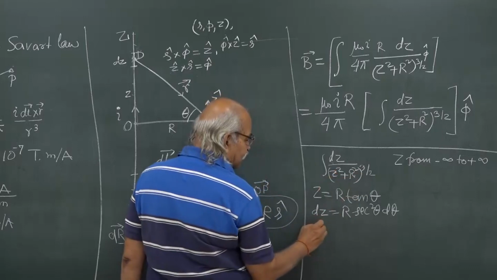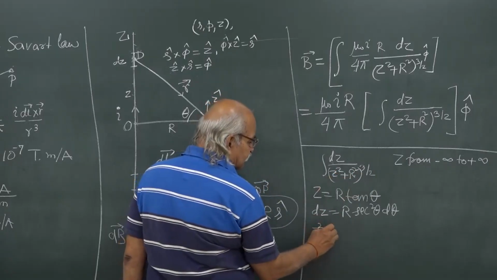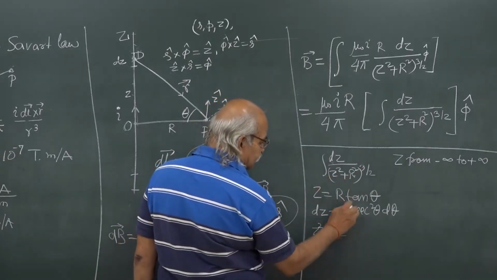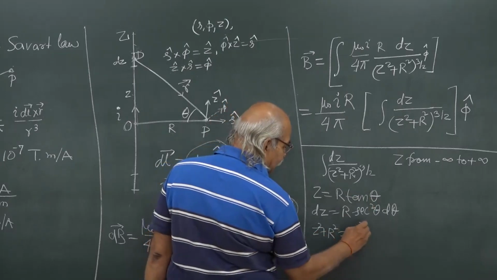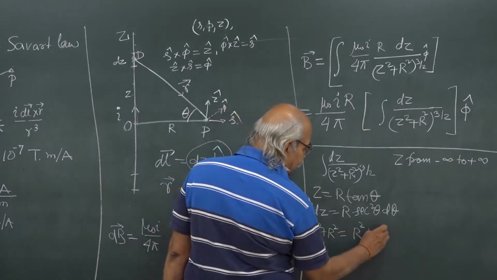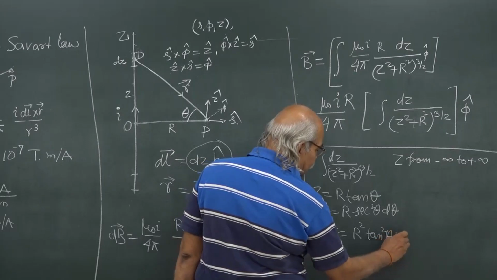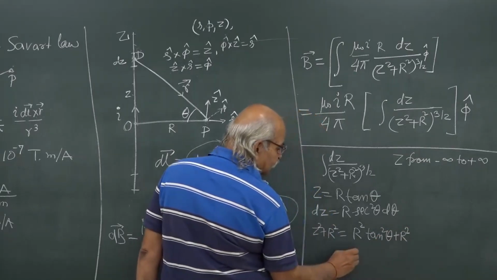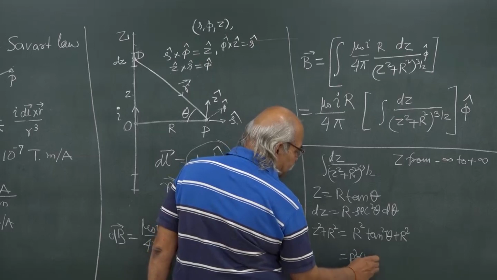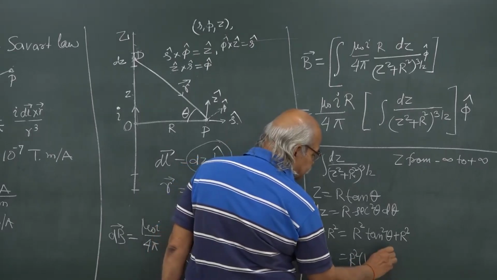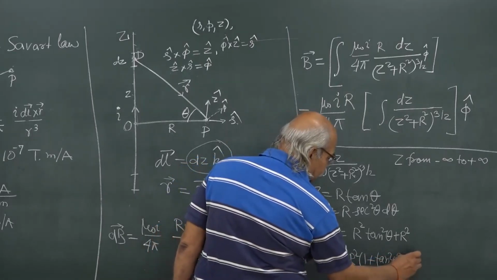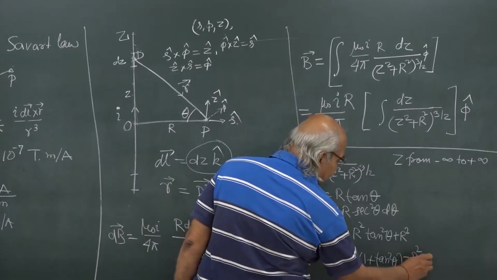And z square plus r square: z square is r square tan square theta, plus r square, with r square taken common, 1 plus tan square theta, and that is r square sec square theta.